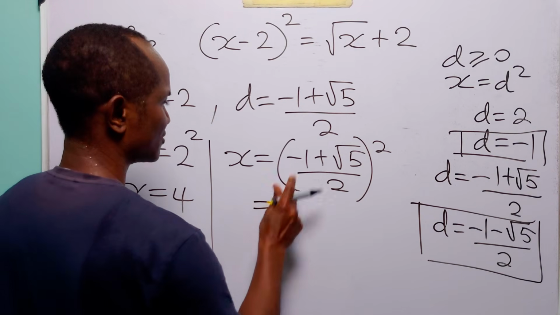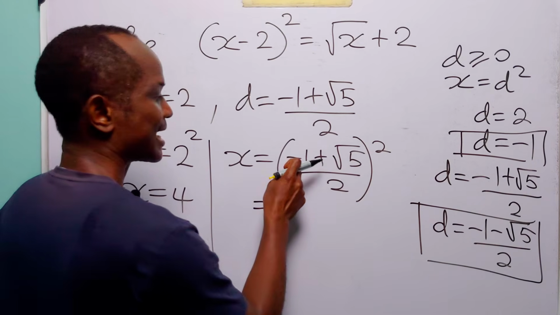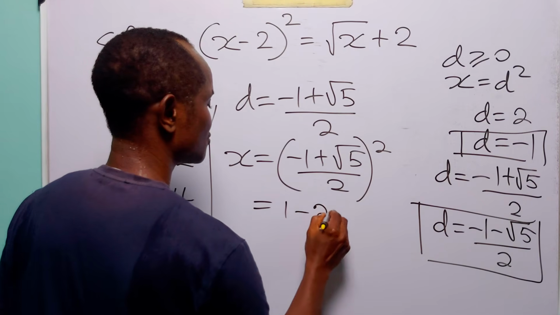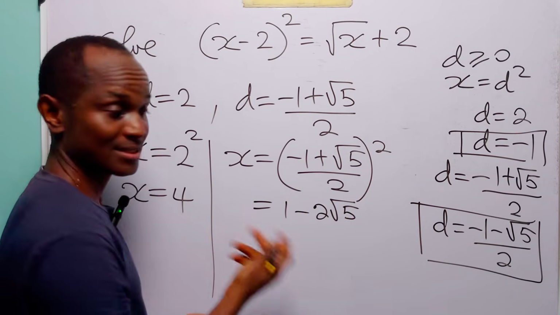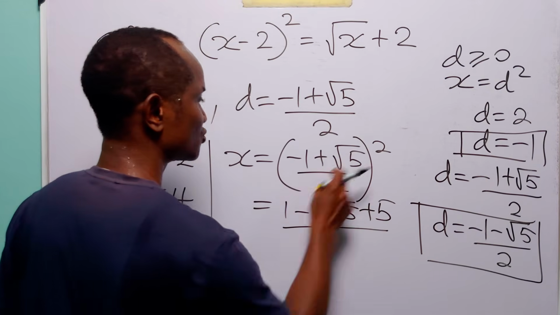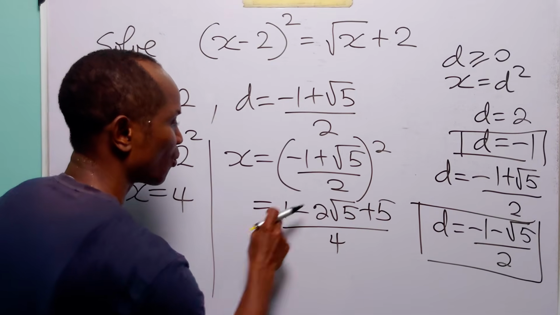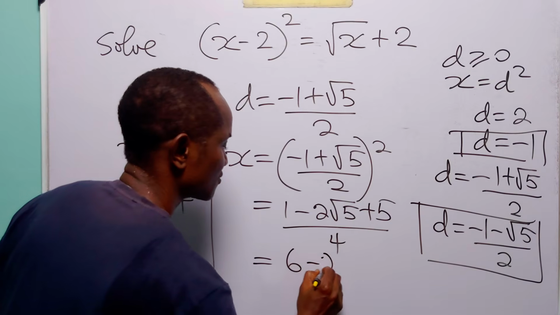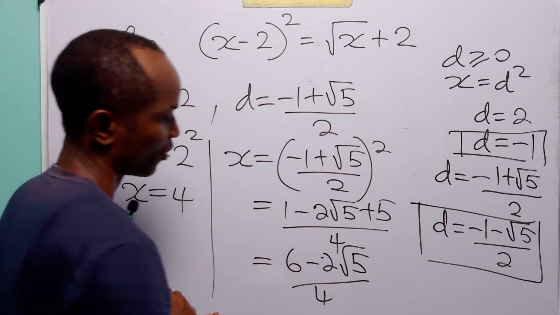When you open this bracket, we have minus 1 squared is 1. 2 times minus 1 times root 5 is minus 2 root 5. And root 5 squared, of course, is 5, divided by 2 squared, which is 4. Now this is equal to 1 plus 5 is 6. So this is 6 minus 2 root 5 over 4.